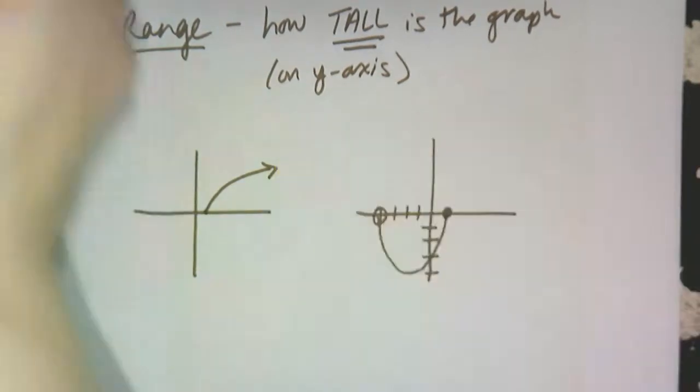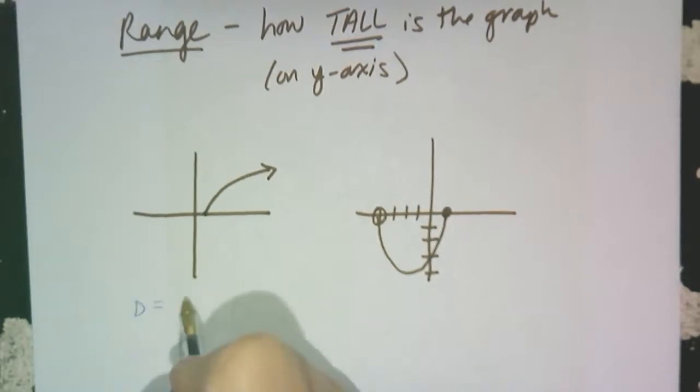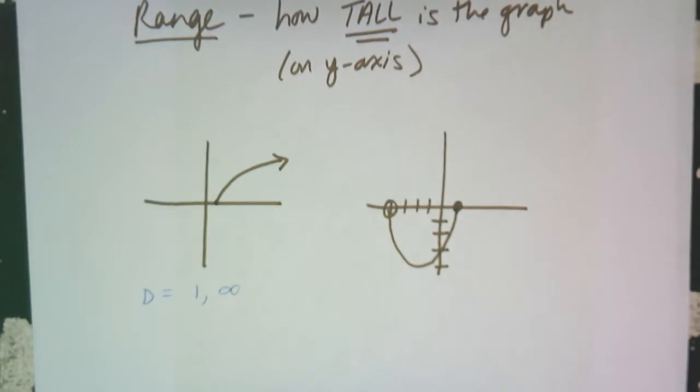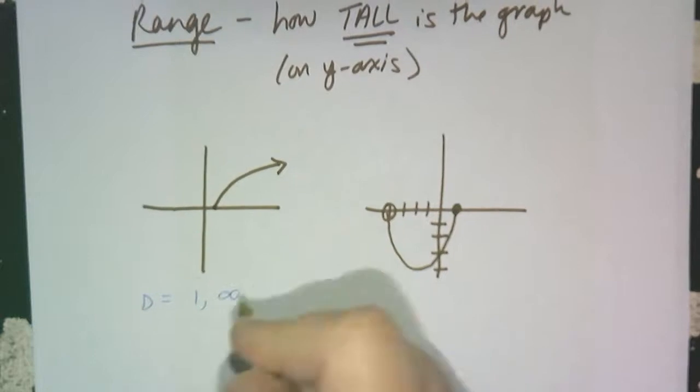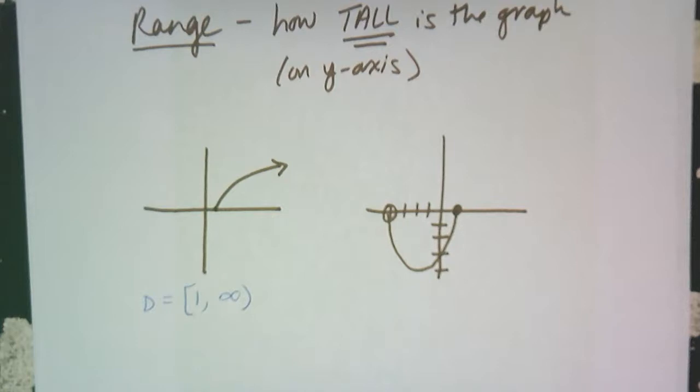So you would write your domain from 1 to infinity. Bracket, parentheses, what is it? 1 is bracket, parentheses is with the infinity. Good job. So that's how wide I am.